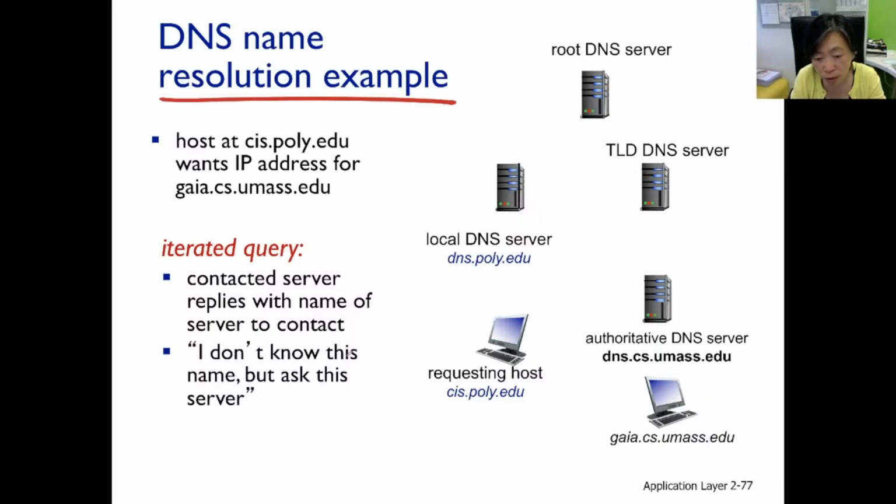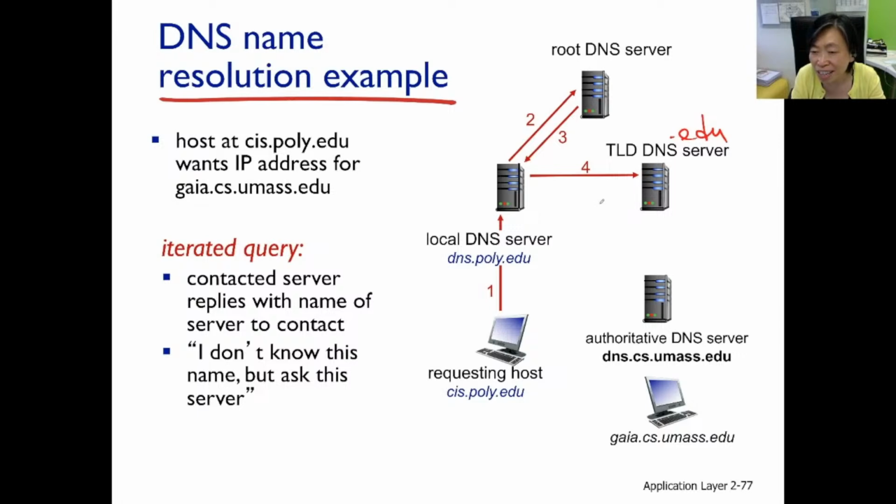And so the process goes: the client here issues a query. The local DNS server now forwards the query first to the root. The root returns the IP address of the .edu TLD server. Therefore, the local DNS server can re-forward the query to the .edu TLD DNS.